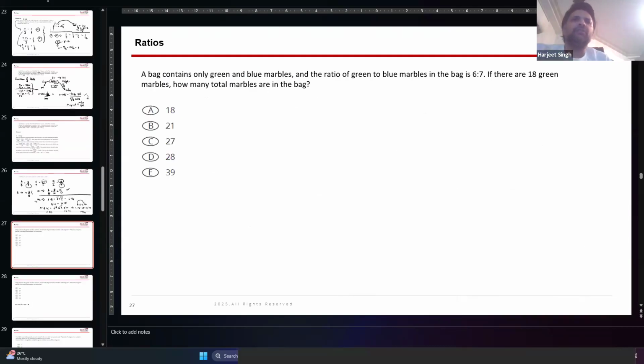All right. A word problem related to ratios. A bag contains only green and blue marbles, and the ratio of green to blue marbles is given as 6:7. If there are 18 green marbles, how many total in the bag?